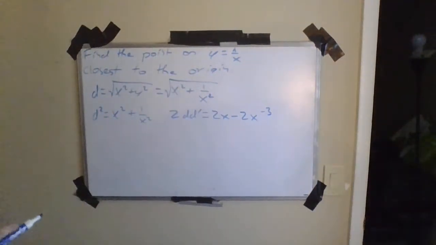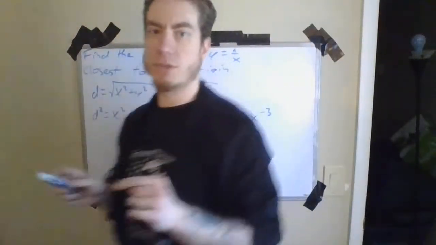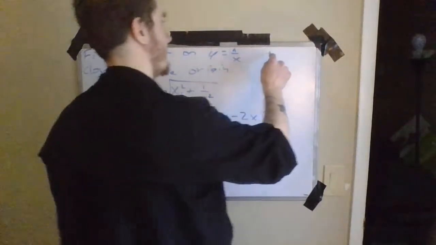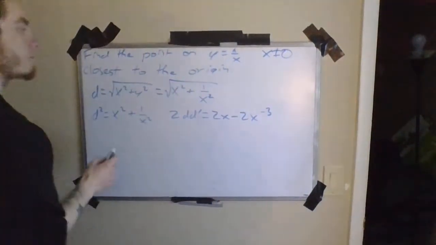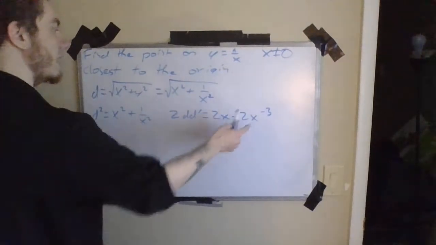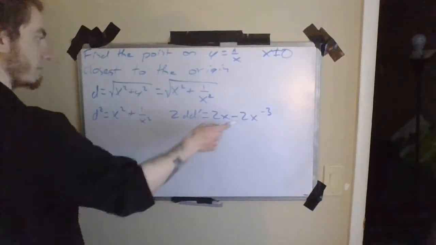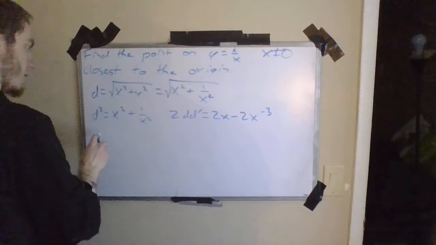Now, if we set this equal to 0, we can start by saying that x equals 0 is not in the domain. So I can multiply through by x to the minus 3.